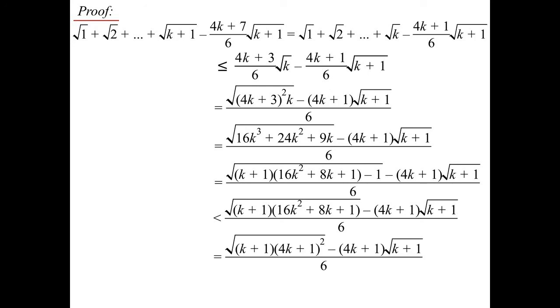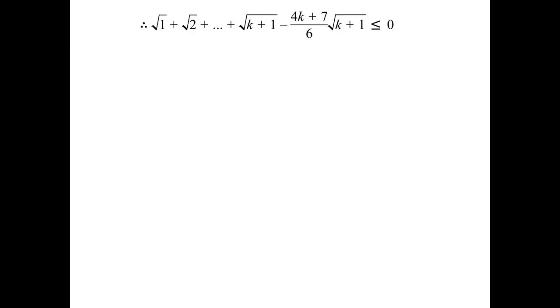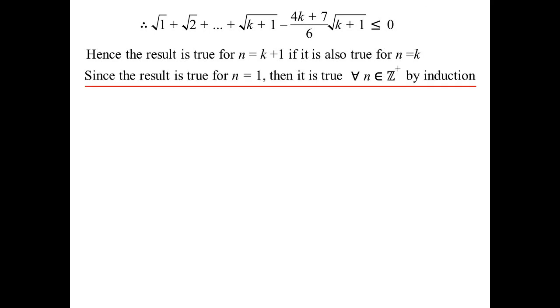And 16k squared plus 8k plus 1 is (4k plus 1) all squared. That's nice, because now I can simplify that surd. And that's equal to 0. So therefore, that is less than or equal to 0. That's what I was trying to prove. Hence true for k plus 1 if it's also true for k, etc.